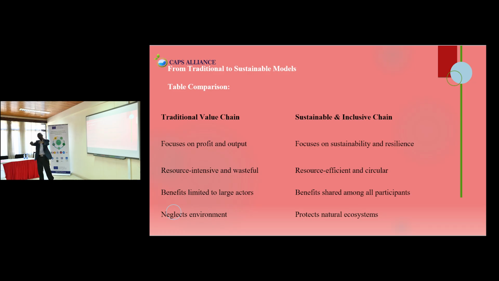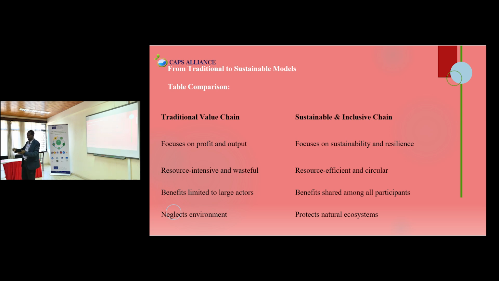It goes down the drain, down the rivers, and it leads to poisoning and so forth. The modern methods protect natural ecosystems, because everything is recycled and used. Nothing goes to waste. That is the philosophy. Exactly what Gemma was talking about, circularity. When you talk about circularity, it means nothing should go to waste.